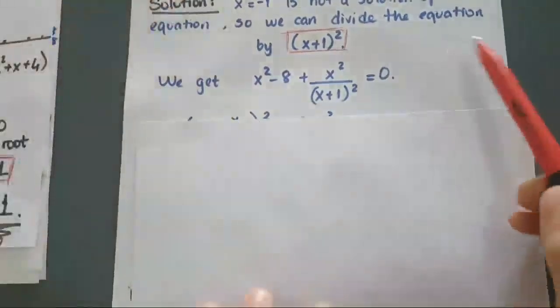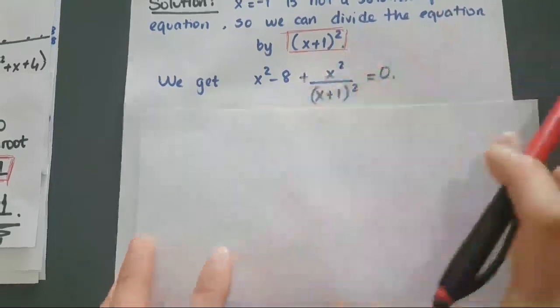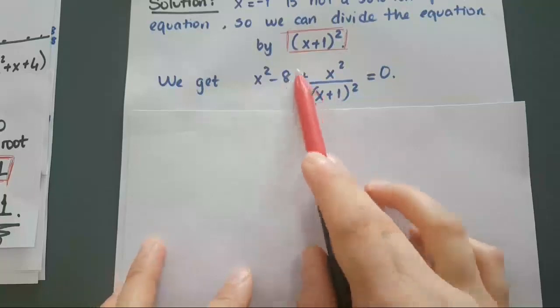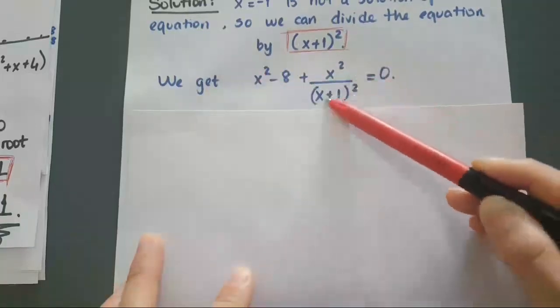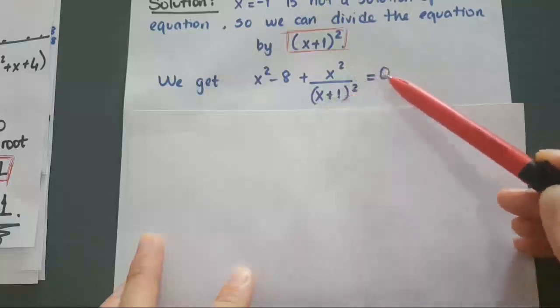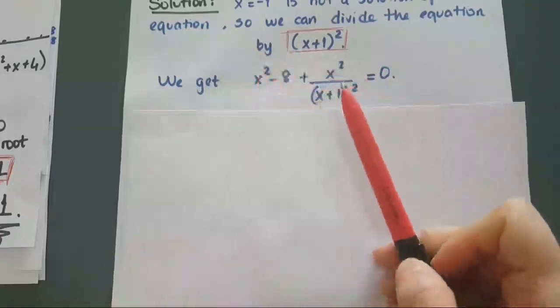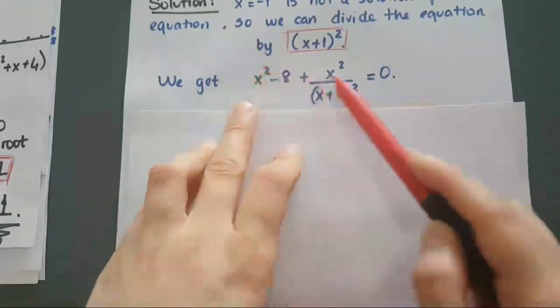When I divide both sides of the equation by x plus 1 to the power of 2, I will get the equation x squared minus 8. The first term is simpler now. Plus x squared over x plus 1 to the power of 2 is equal to 0. I get a trinomial again on the left side. But it looks better because I have two perfect squares.